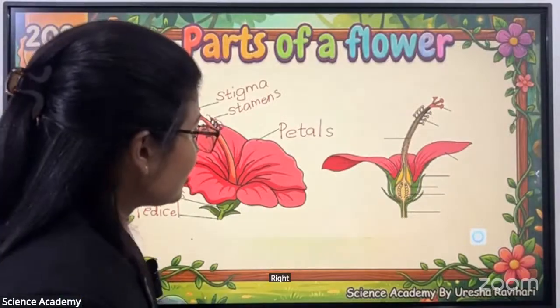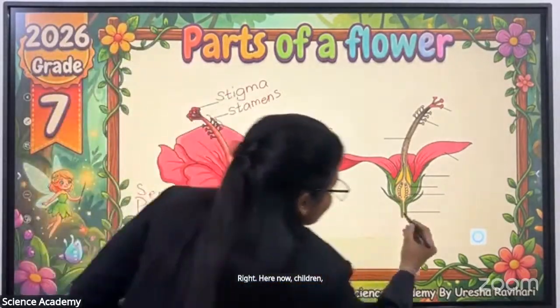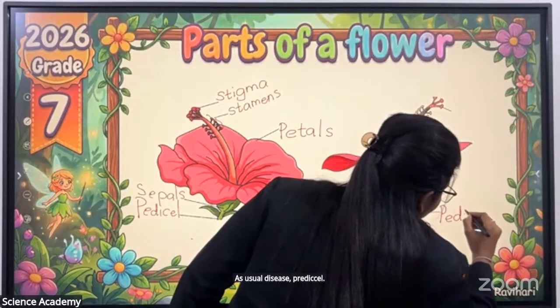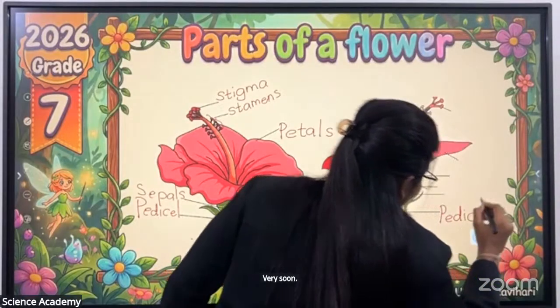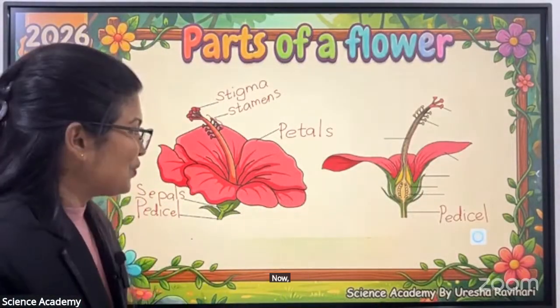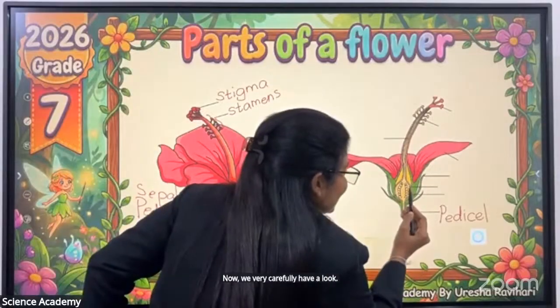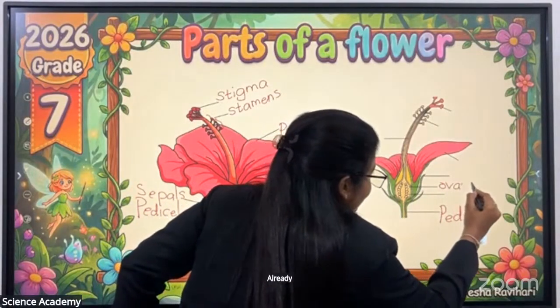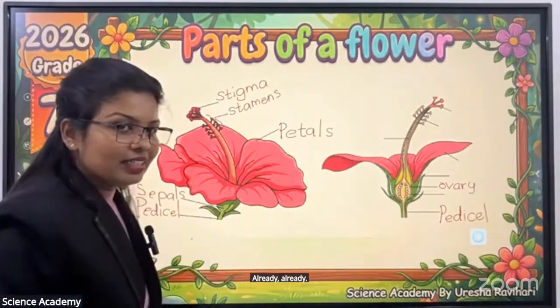Right. Here now children, as usual, this is the pedicel. Now very carefully have a look. Children, this is the ovary.